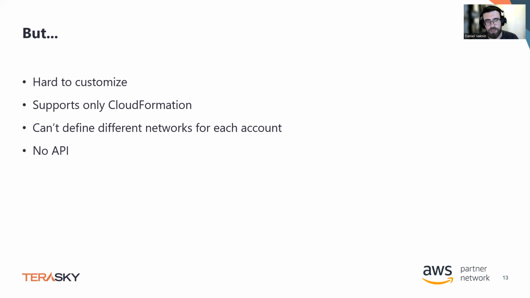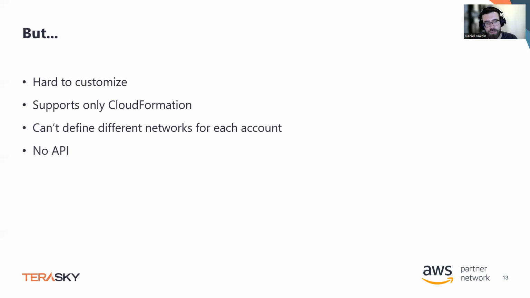Another issue with Control Tower is that you cannot define different networks for each account. This is a small bullet, but I think it's important, because when you provision accounts from Control Tower using the account factory, as we talked about before, you can define how your networking will look: what the VPC CIDR will be, how many public subnets and private subnets you will have in each account, and a few other configurations.